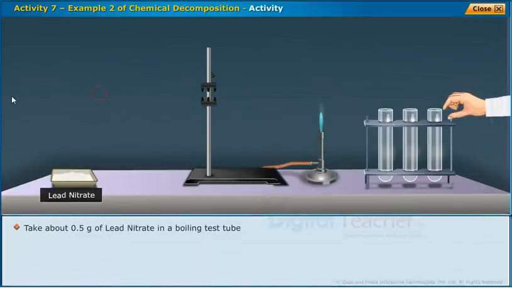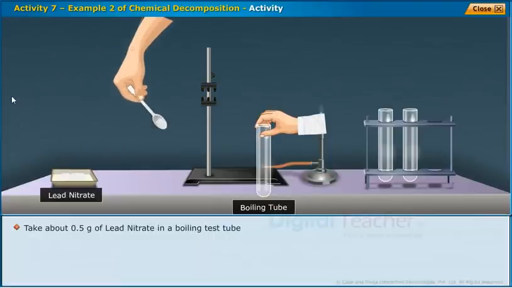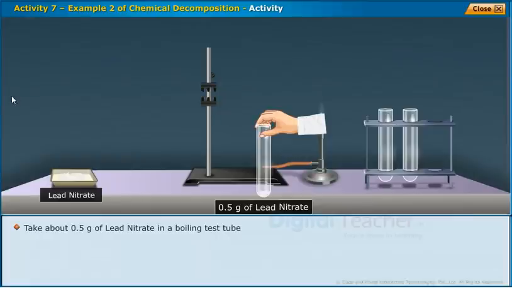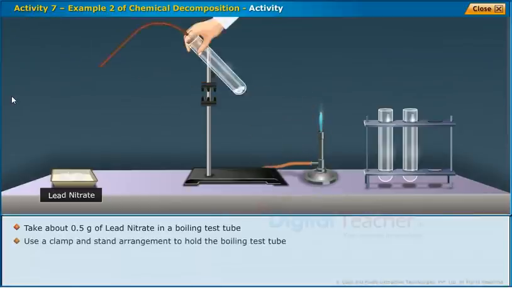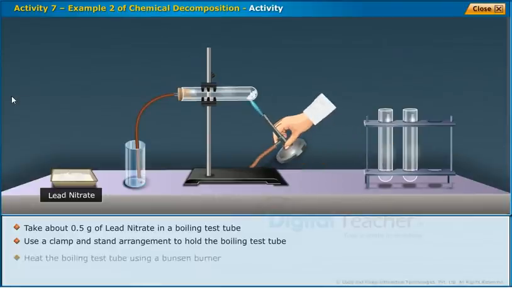Take about 0.5 grams of lead nitrate in a boiling test tube. Use a clamp and stand arrangement to hold the boiling test tube. Heat the boiling test tube using a Bunsen burner.